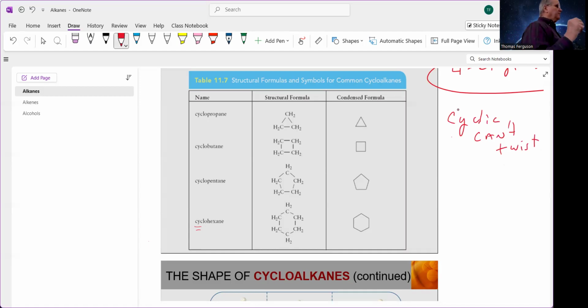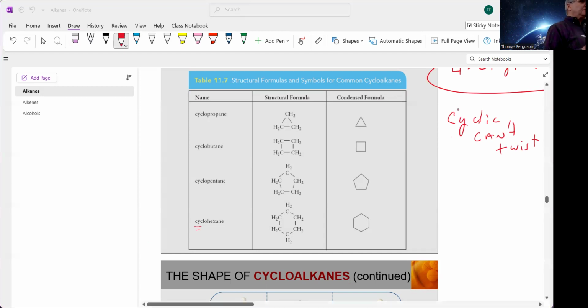Cyclic carbon-carbon bonds cannot twist naturally. So there's rigidity.